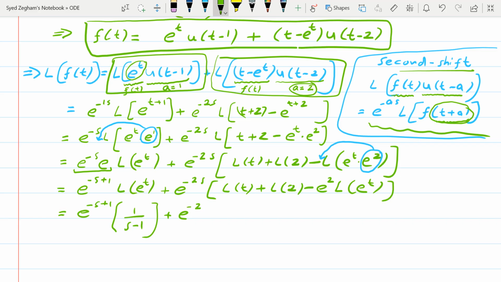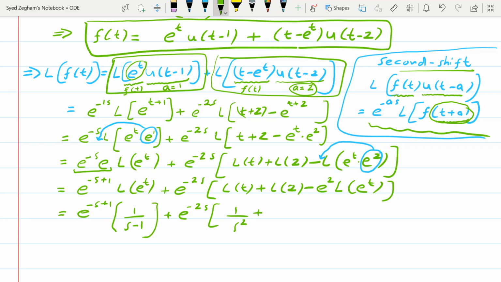e to the power minus 2s, then Laplace transform of t, that is how much? 1 over s squared. Again, this is a very basic formula. Laplace transform of t is equal to 1 over s square.